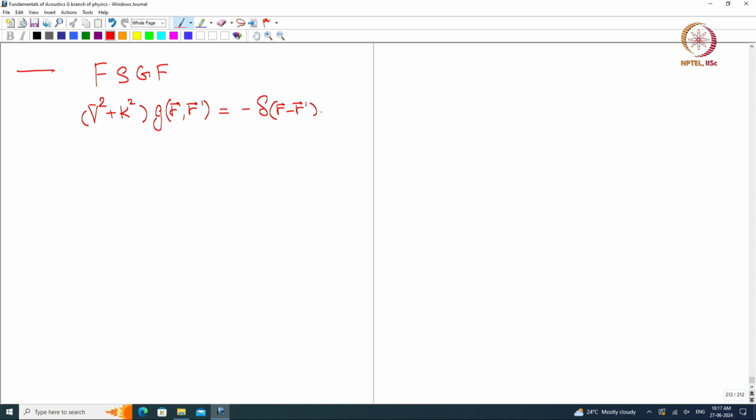This is the receiver point, this is the source point. So this is the solution. And the form is fixed for this free space Green function, which is e to the power of minus j k r by 4 pi times the magnitude of r minus r dash.